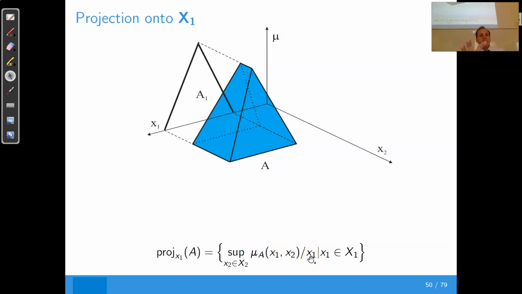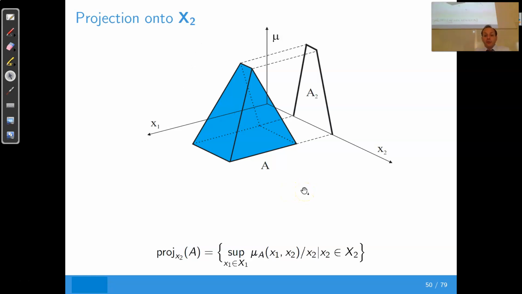Because you are projecting, you are considering x1 when x1 belongs to this domain. So for each point in x1, you take the supremum and you find this shape. As a matter of fact, it is a new fuzzy set.